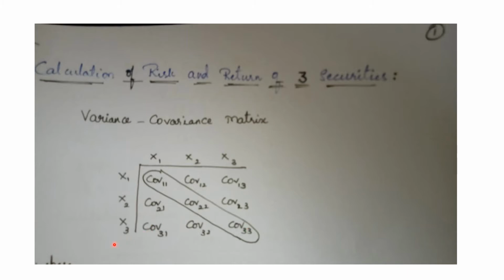Same way for the third security, x3 is equal to covariance of third security with first security, again third security with second security, and third security with third security. So in this way you have to build the covariance matrix.